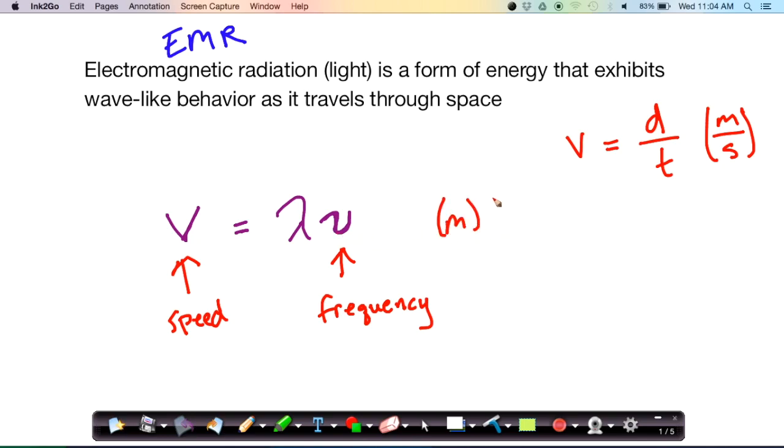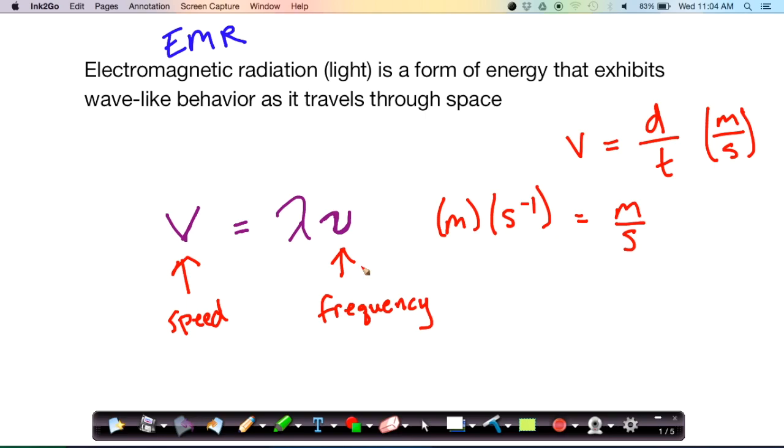And then we've got frequency, which we said earlier had units of reciprocal time, so seconds to the negative first, or 1 over seconds. Well, that's meters per second. We're getting the exact same dimensions with wavelength times frequency as we get when we take distance divided by time. So this equation, v equals lambda nu, is in fact consistent with the traditional definition of speed, as it has units of distance or length per time.